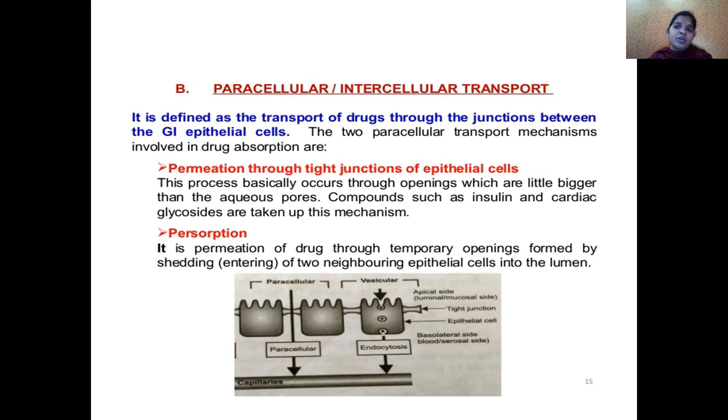In that, again, we have read so many classifications. You all remember those things, I think. Continuous reading is important to remember all of this.